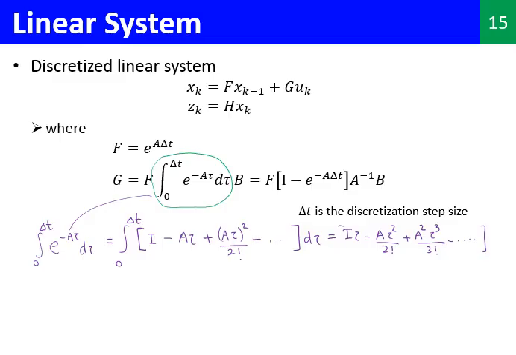So this gets the limits delta t and 0. So with 0 all the terms would vanish, therefore with delta t I get I delta t minus A delta t squared over 2 factorial plus A squared delta t cubed over 3 factorial minus and so on.